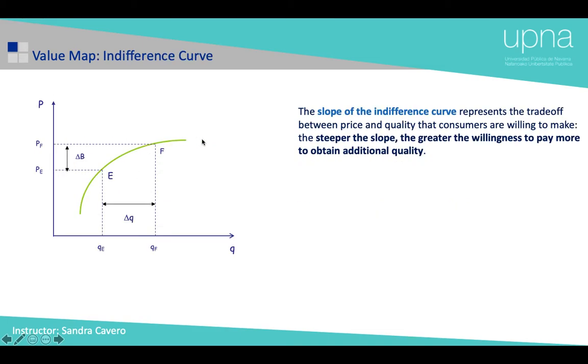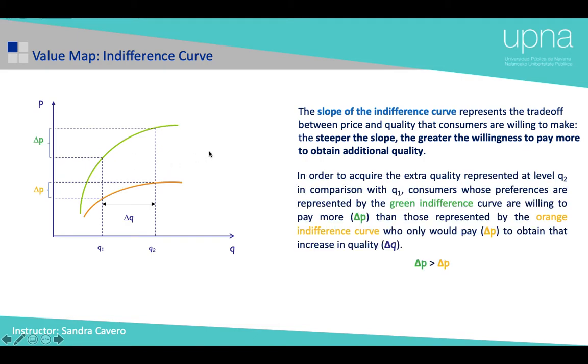We have already said that the slope of the indifference curve represents the trade-off between price and quality that consumers are willing to make. The steeper the slope of the indifference curve, the greater the willingness to pay more to obtain additional quality. In this figure, there are two indifference curves that represent the preferences of two different segments of consumers within the same market.